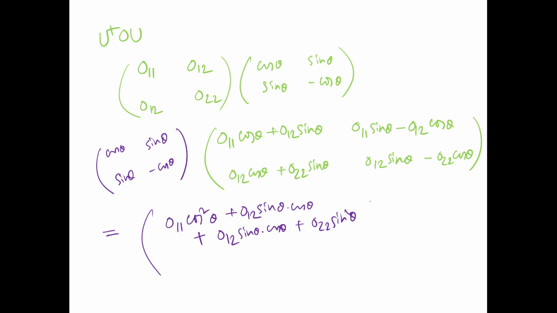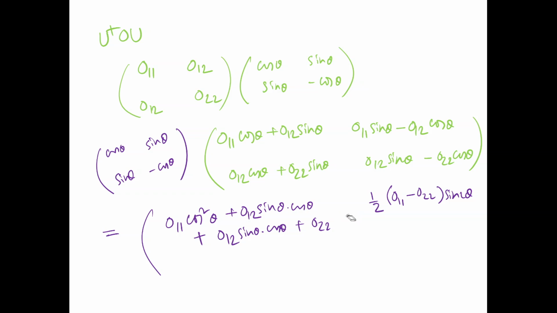So if I write down all the other terms, it will be something like half O11 minus O22 sin 2 theta. So you can actually take this, this is actually O12 sin theta cos theta. So this is basically 2 O12 sin theta cos theta, and 2 sin theta cos theta is actually sin 2 theta.